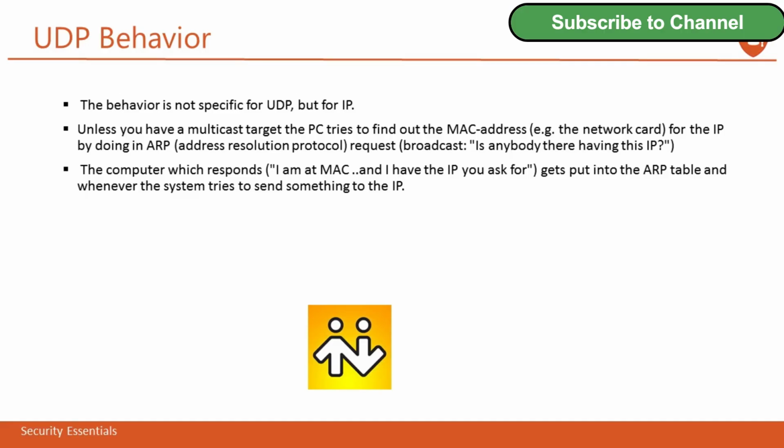So whenever the system tries to send something to that IP, the next time UDP will work by directly forwarding to that particular system, which is maintained in its ARP table.